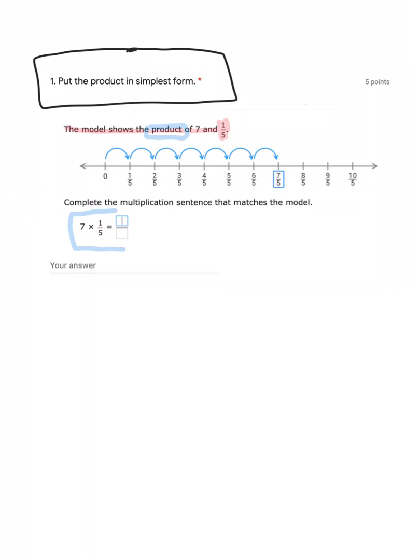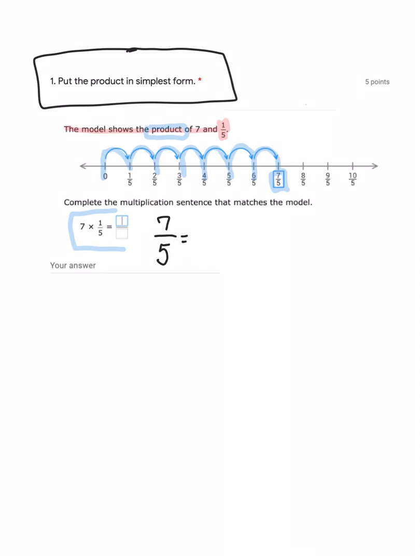So what the number line is showing us is that if you start at 0 and then add 1/5 plus 1/5 plus 1/5 plus 1/5 plus 1/5 plus 1/5 plus 1/5, not only is that the same as 7 times 1/5, but also it's just showing us that when you do that repeated addition, you're going to land on 7/5.